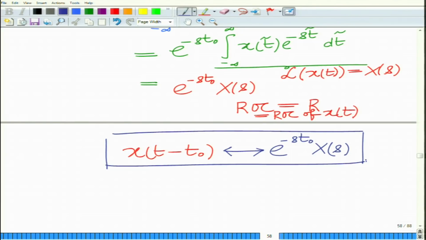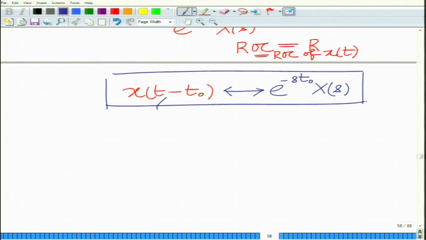So basically, when we delay a signal in the time domain, this is equal to multiplication by e raised to minus s t naught in the Laplace domain, or the s domain. This is an important property.